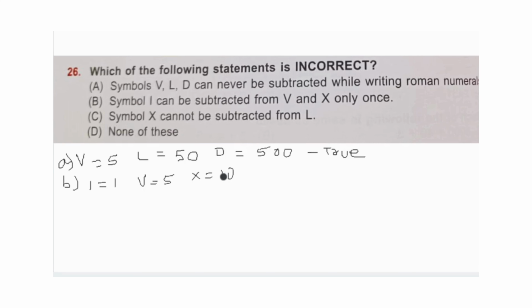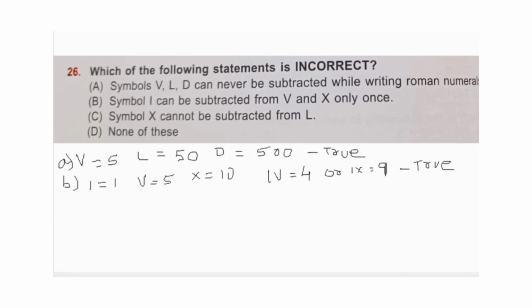Again, the statement is true, because if you write I and V, which is 4, or I and X, which is 9, this can happen only once. So this is true.